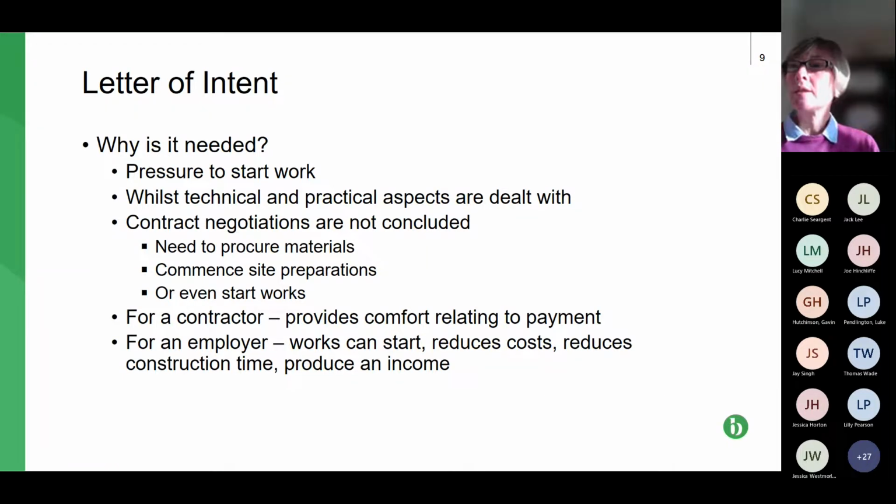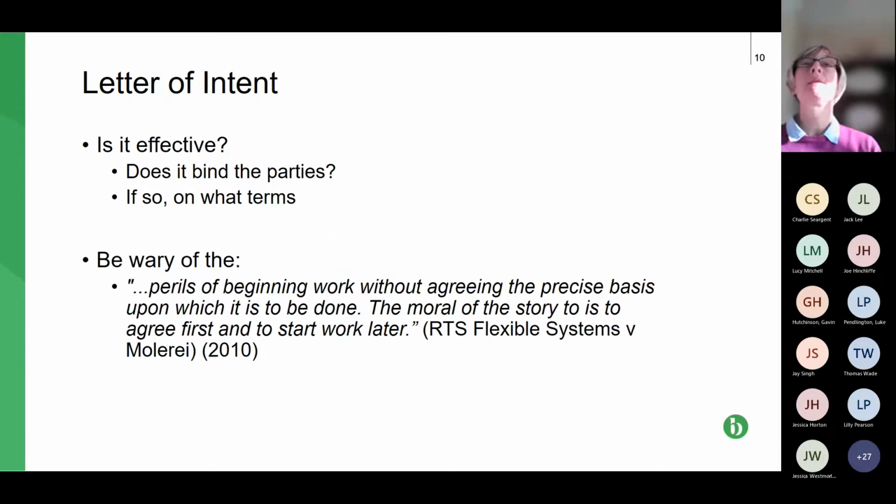For a contractor, hopefully it provides comfort that it'll get paid for this early work. For an employer, it means that work can start, and therefore hopefully the project can get finished earlier than would be normal, even though the contract itself hasn't been signed up to between the parties.